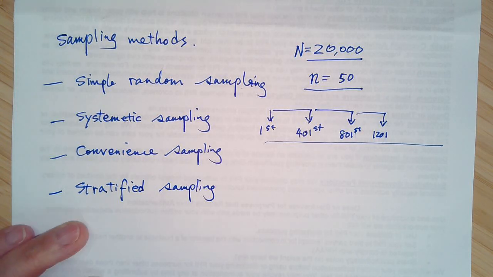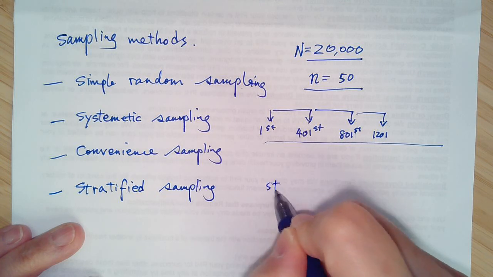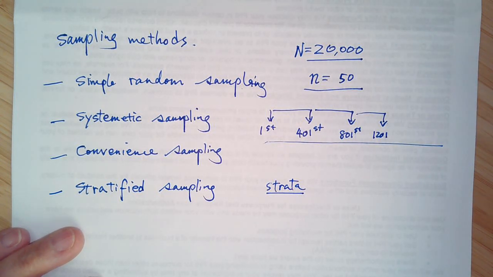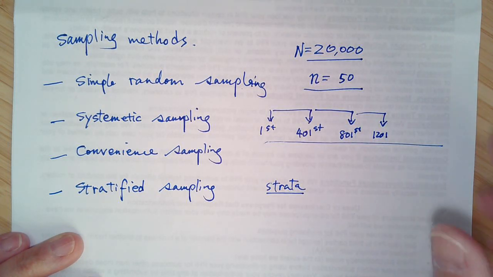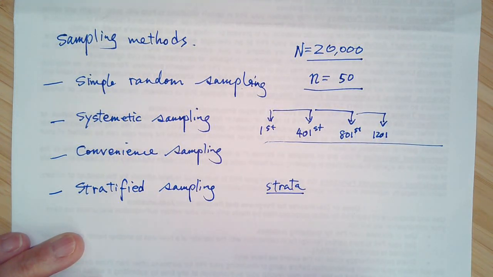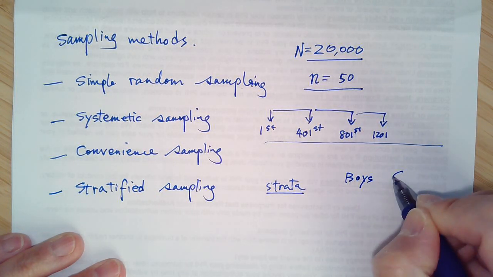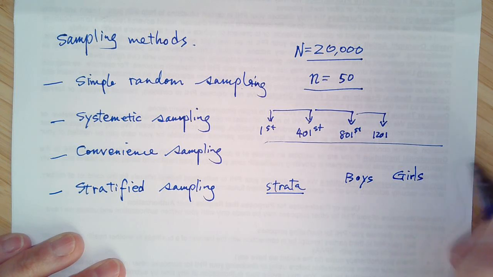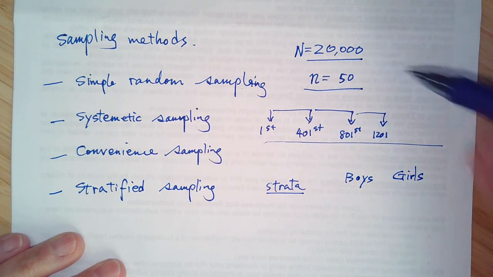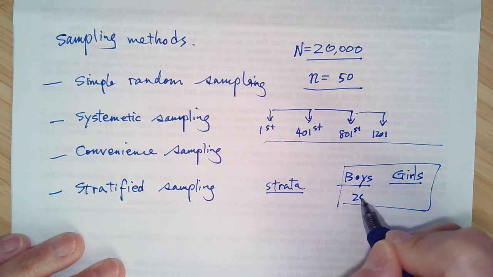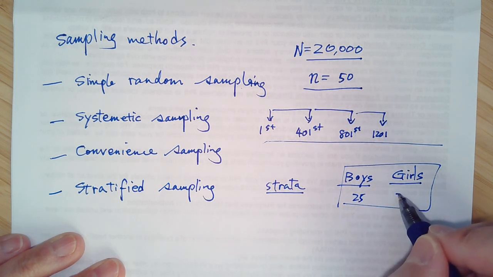We call that strata, or subgroups, whatever you call that, so that you're going to choose some from this stratum, and choose some from the other stratum. For example, you have boys and girls, for this 20,000 people, and then we have some boys, we have some girls, so we choose, let's see, 25 from this and 25 from that.